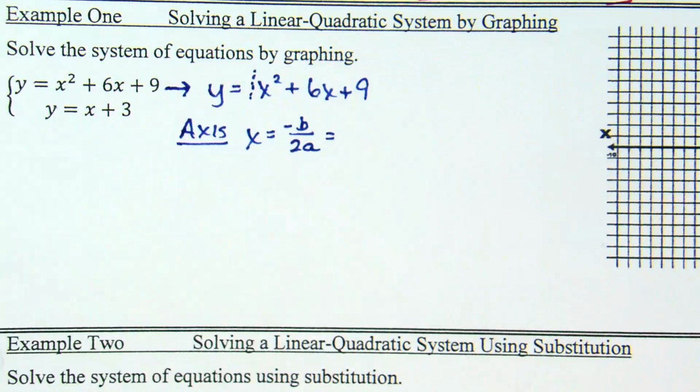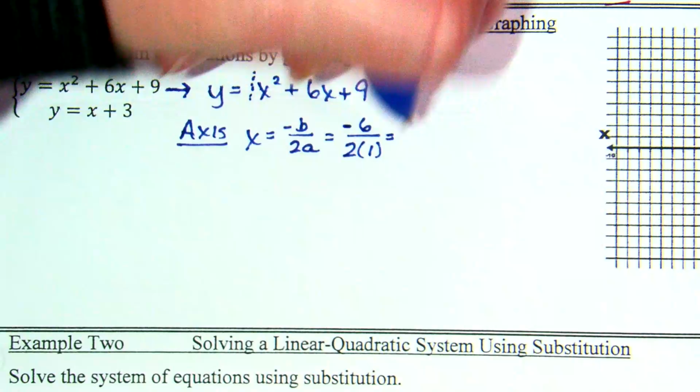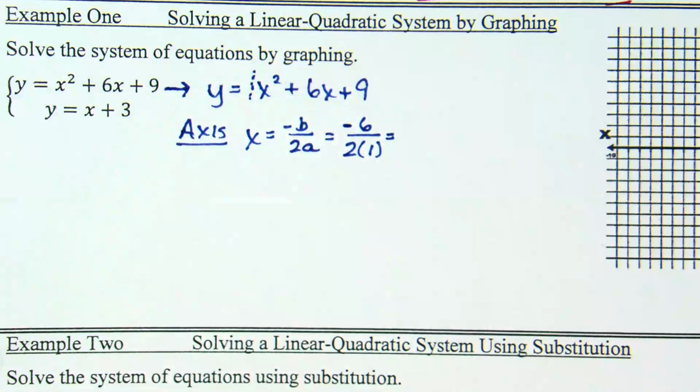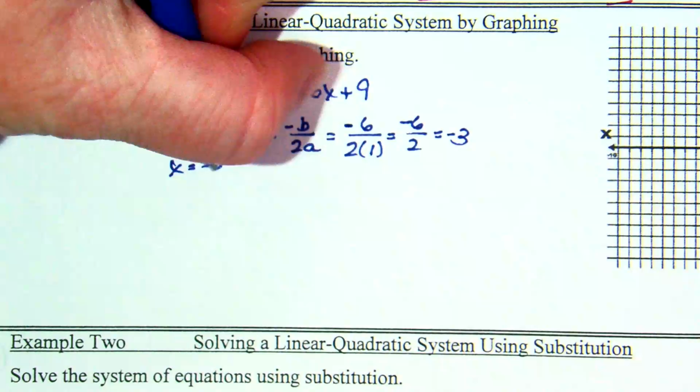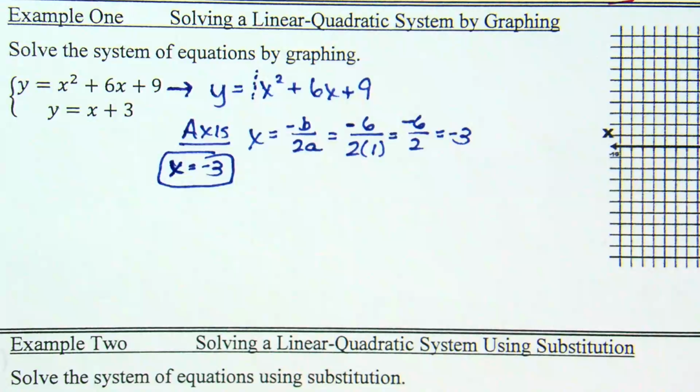Negative 6 over 2 times 1, which is negative 6 over 2, which is negative 3. So our axis of symmetry is x equals negative 3. How do we find the vertex?